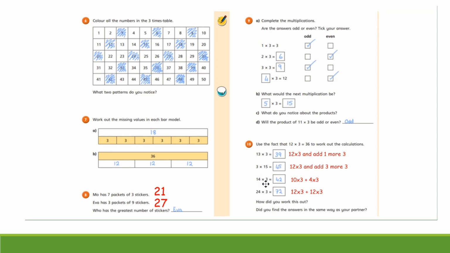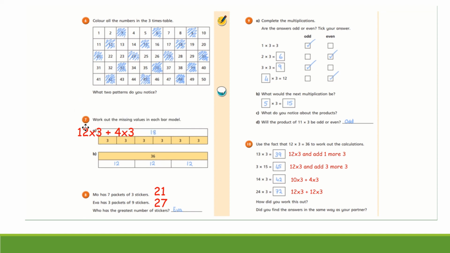14 times 3, you could have used 10 times 3, add 4 times 3, or if we're using 12 times 3, we could have used 12 times 3, add 4 times 3. Oh, let's put that down. So that's what, oops, I've got an equals there and not an add sign.